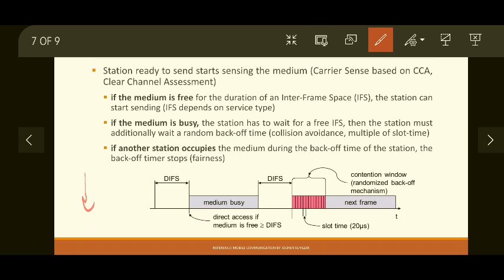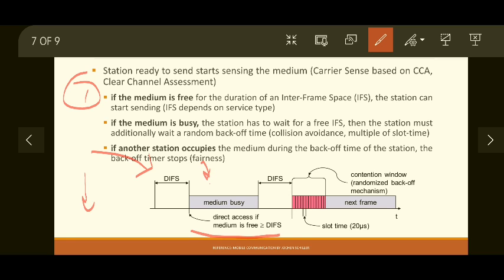Now the first condition: the medium is free. If the medium is free, it will wait for DIFS amount of time, as we have assumed this is an asynchronous data service. If the medium is free for the duration of an interframe spacing, the station can start sending. So after waiting, if the medium is free, it starts the transmission process.